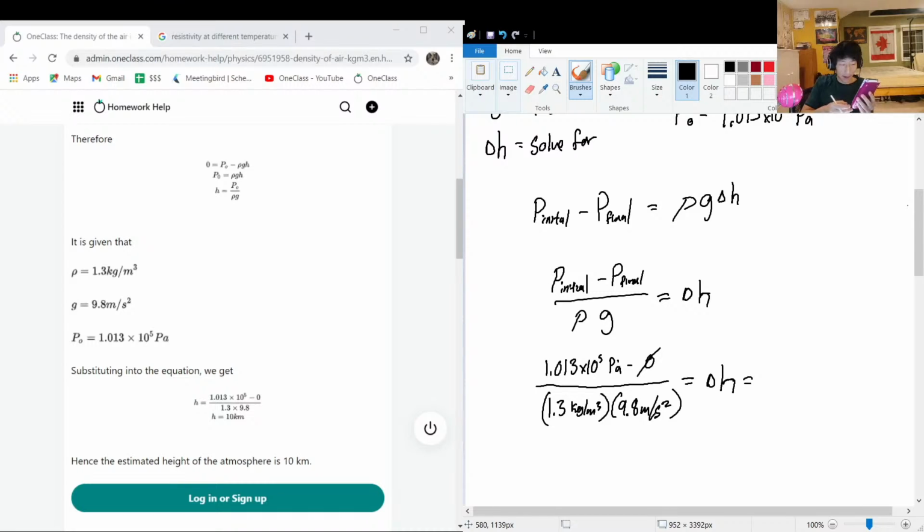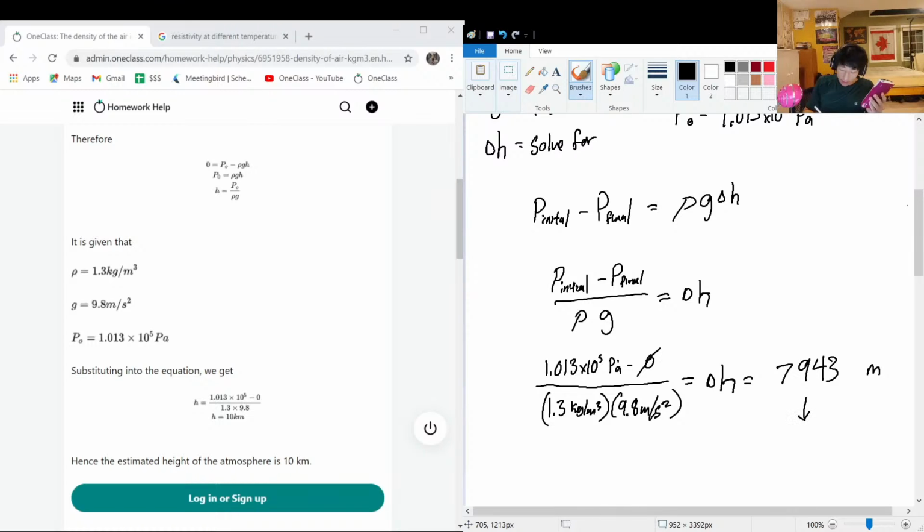And we get an answer that is wildly different from what they got. My calculation was 7,943 meters. Interesting. And that is not 10 kilometers.